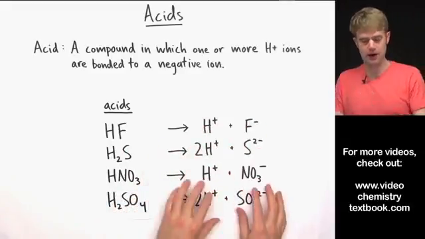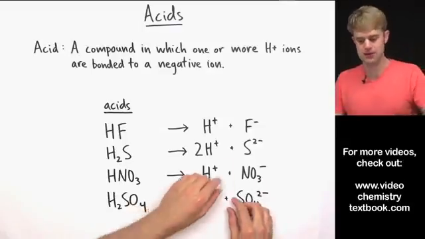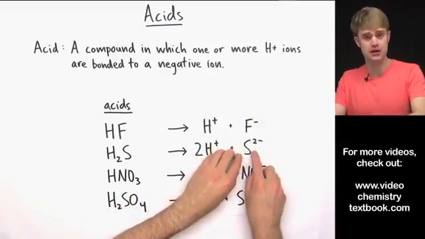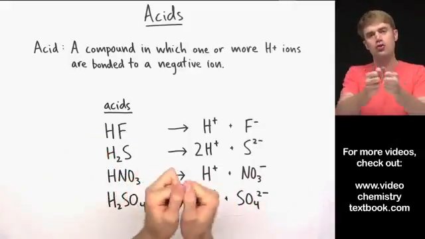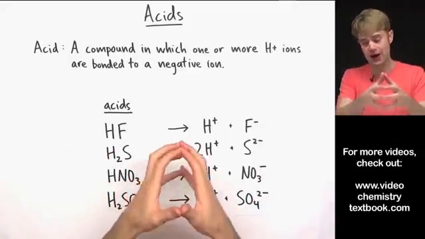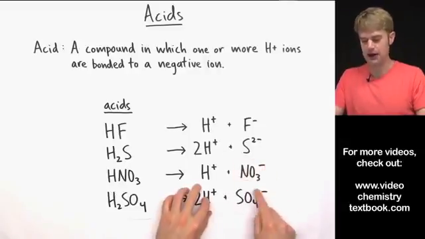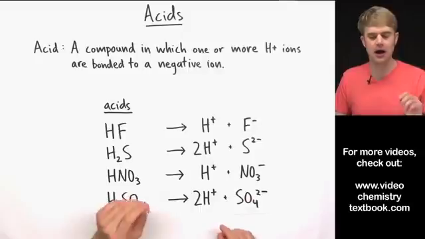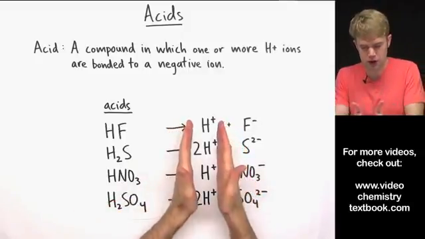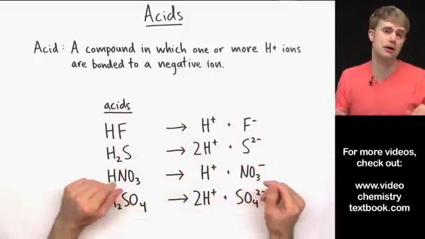Some of these negative ions are individual elements like F- or S2- here. Other ones of these negative ions are groups of elements that together have a charge. These are polyatomic ions like this one and this one. Now, just like in any ionic formula, the positive charge and the negative charge have to balance out.